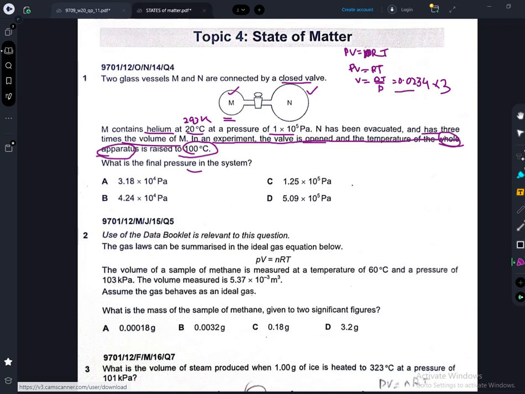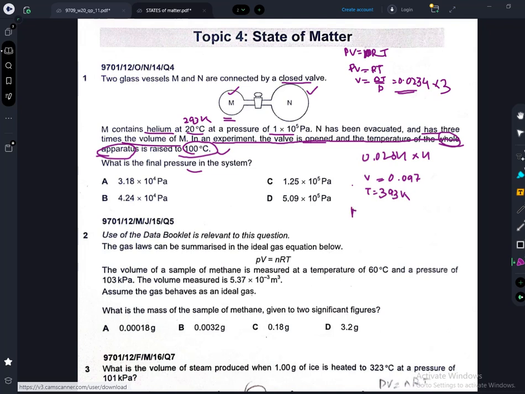So this 0.0234 should be multiplied by 4 now, and I'm going to write it as 0.097, the final volume. You are to find the pressure. You know the temperature, which is 393 Kelvin here, and you have the general gas constant 8.31.